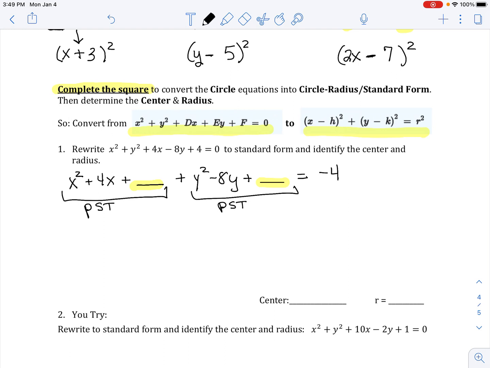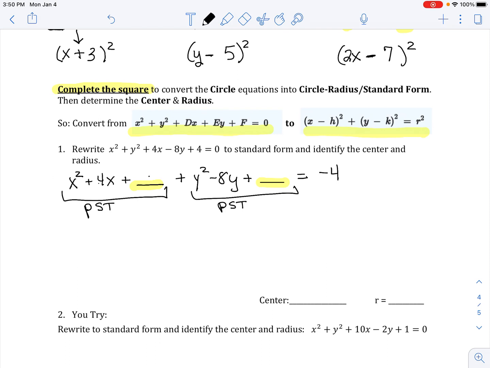Now, if this is going to be a perfect square trinomial, then that third term has to be a perfect square, because we just talked about how to recognize a perfect square trinomial. If we take the square root of the first term times the square root of the third term times 2, we get the middle number 4.